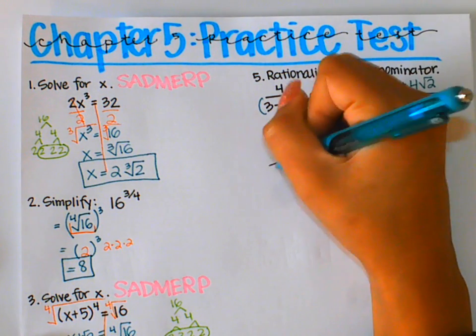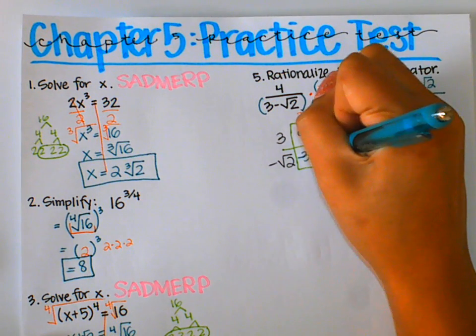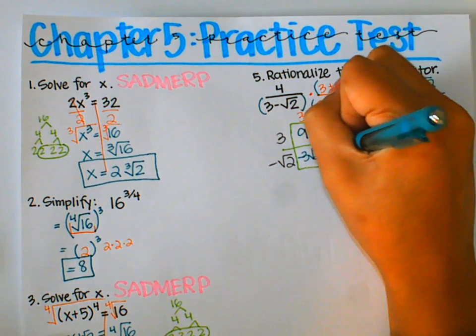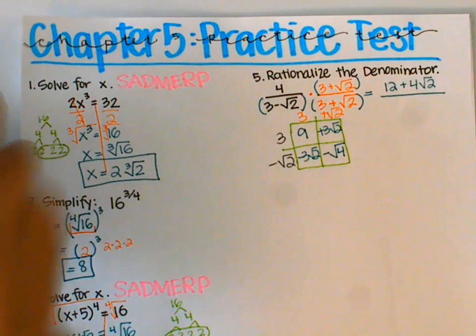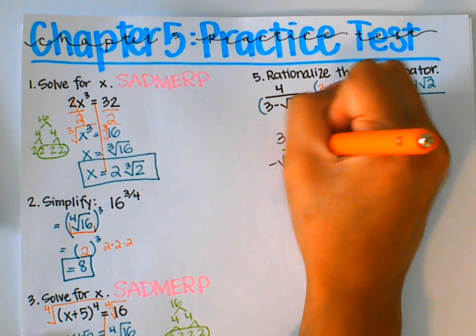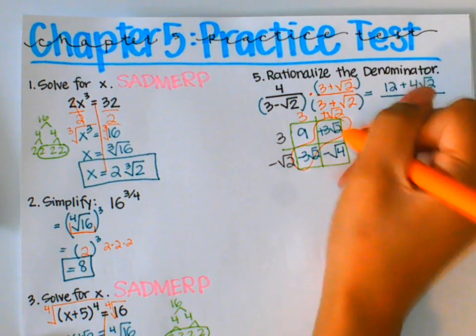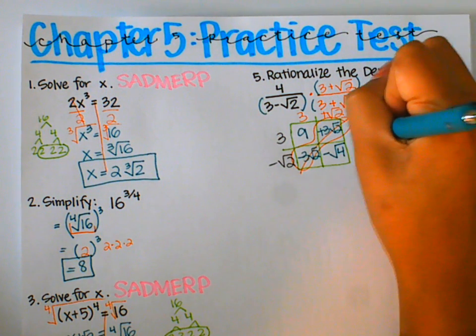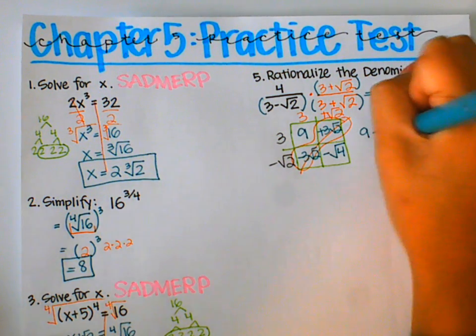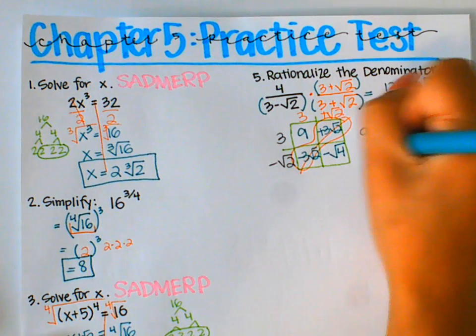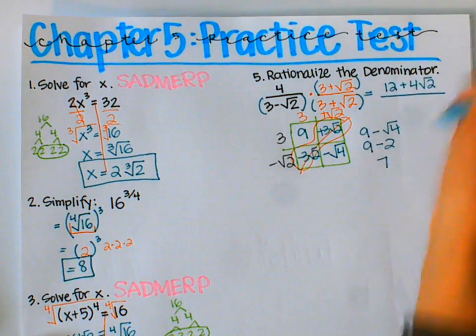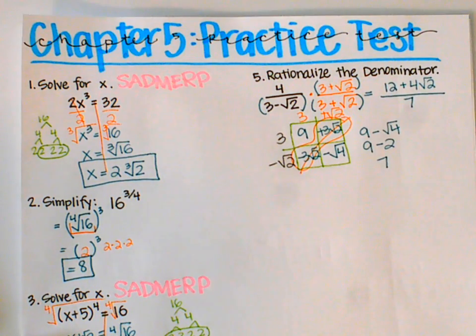And then a positive and a negative will give me a negative. Radical 2 times radical 2 gives me radical 4. I notice that I have opposites right here, so those cancel out, and I am left with 9 minus radical 4. Well, I know that the square root of 4 is 2, so I can rewrite this as 9 minus 2, which gives me 7, and that is my denominator here.